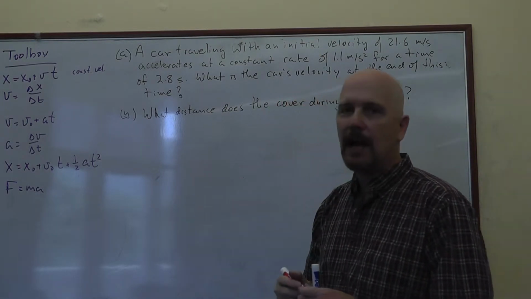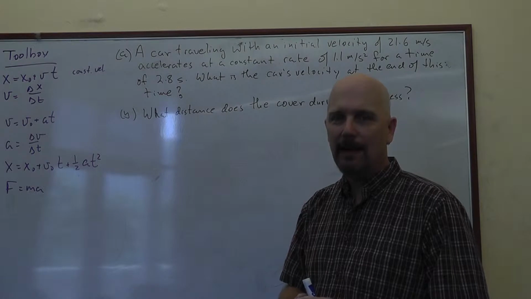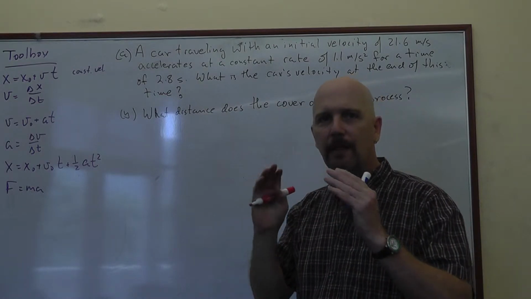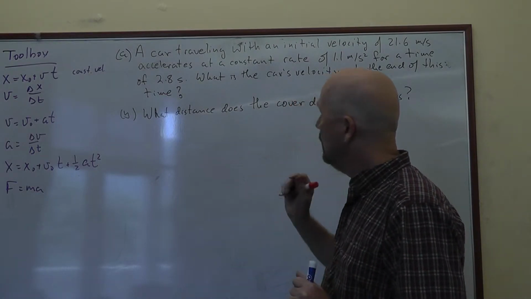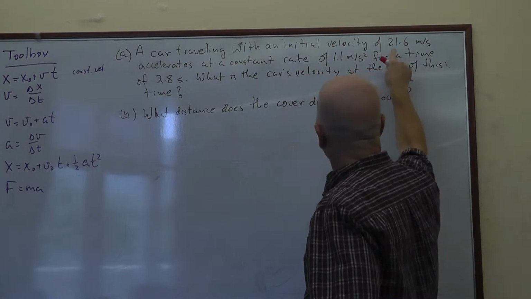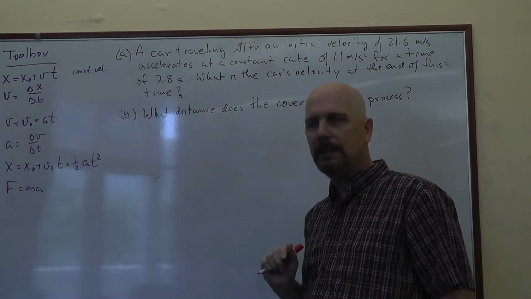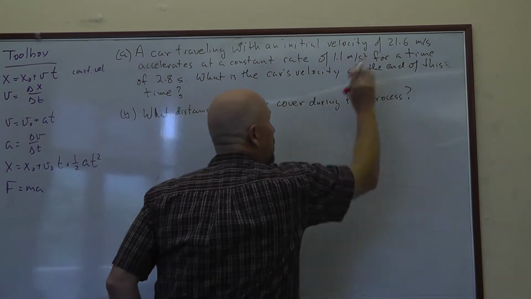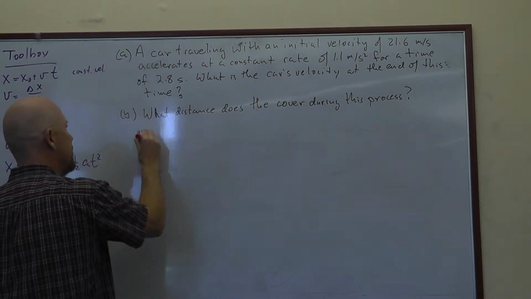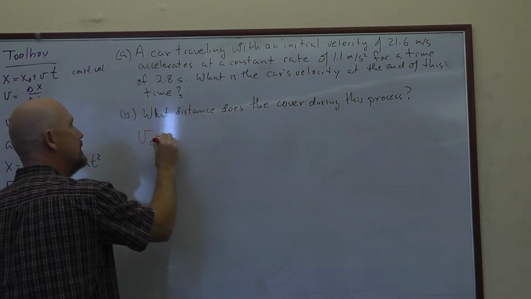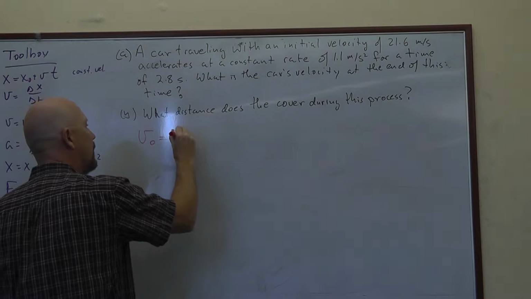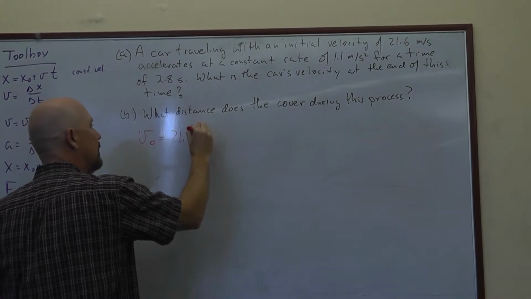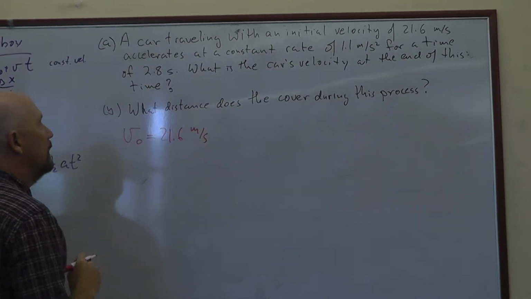Well, one of the things I do is I write down from the problem the things that I know. What do I know from the problem? Okay, I know the initial velocity is 21.6 meters per second, so I'm going to write down V0 is 21.6 meters per second.